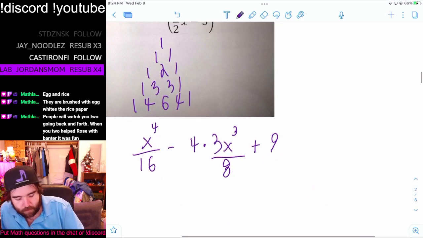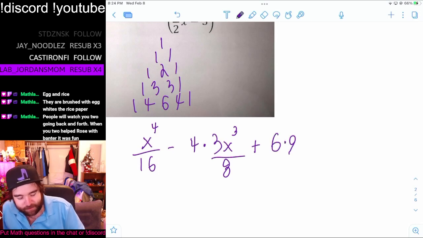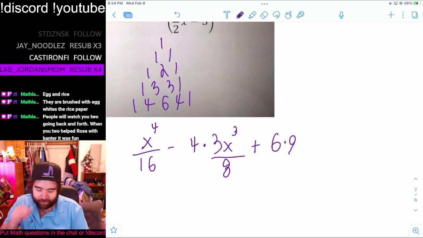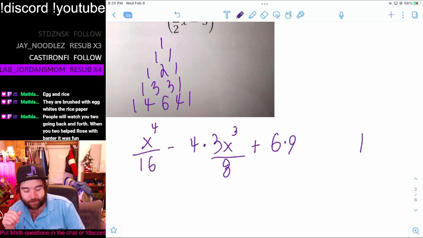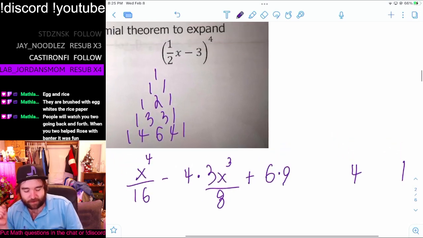I would just write 14641 at the very beginning before I do anything else. That's smart, but then you might run out of space. So then we got the 6. I'll go ahead and do that for you: 4, 1. Then 6, times 3 squared, times 1 half over 4, 1 half squared, and then x squared.